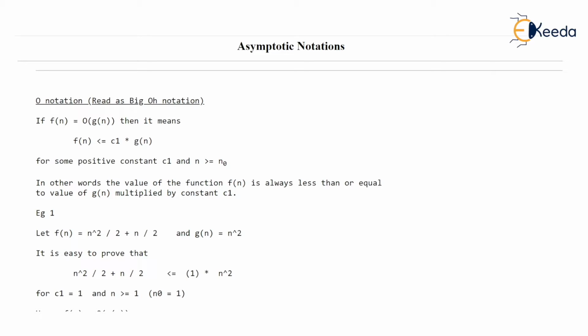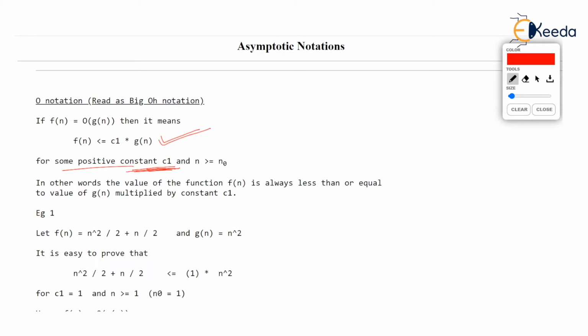Check the words very carefully. For some positive constant c1, this is true. That is, f(n) will be always less than or equal to c1 times g(n) for some positive constant c1 and n greater than or equal to n naught.